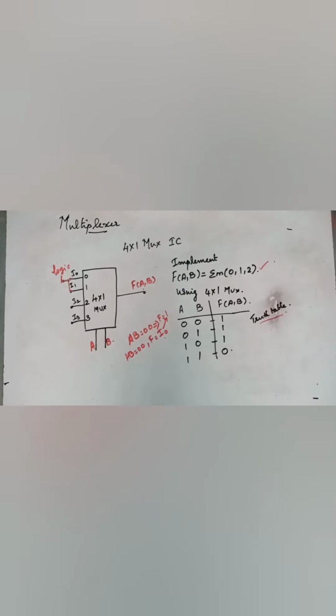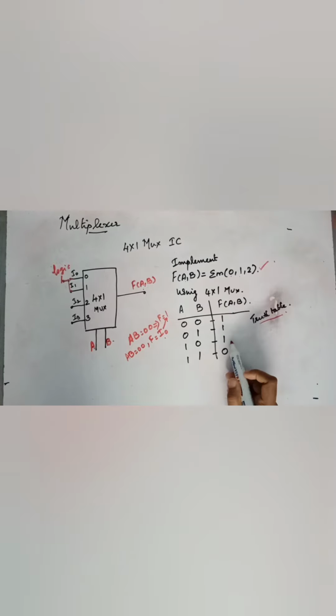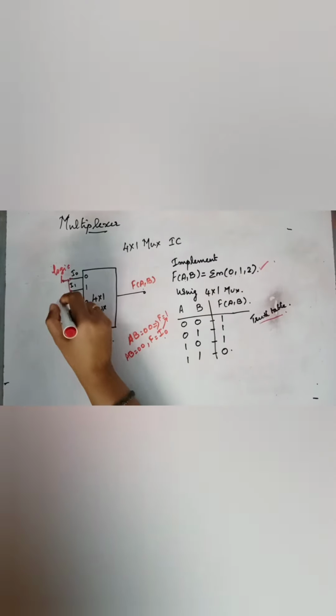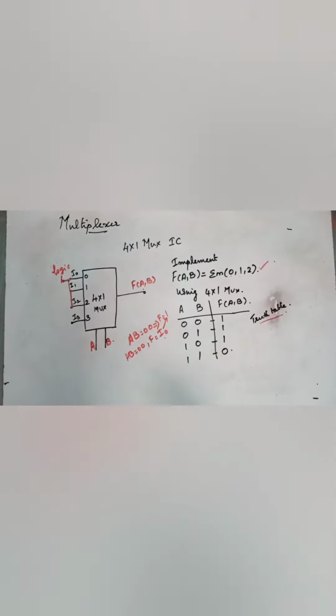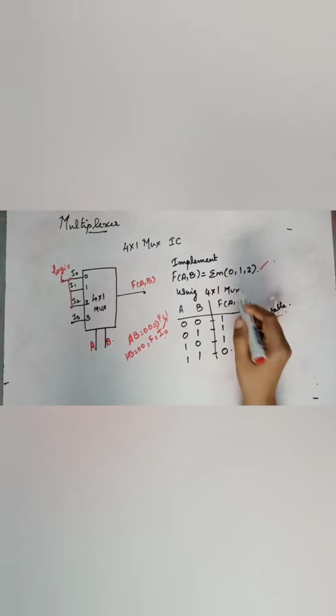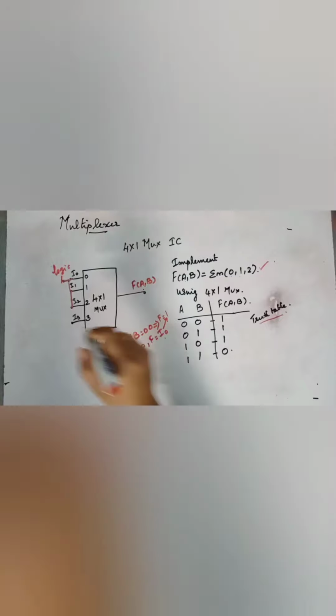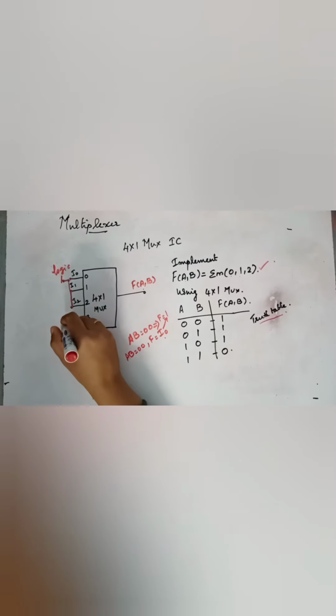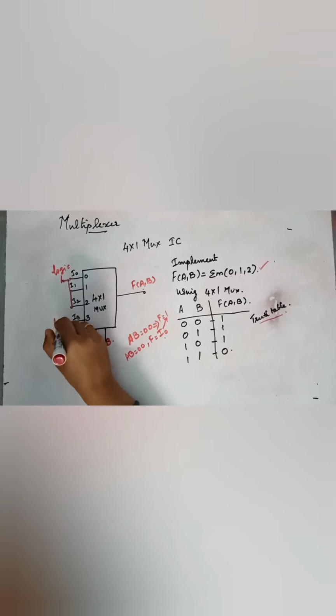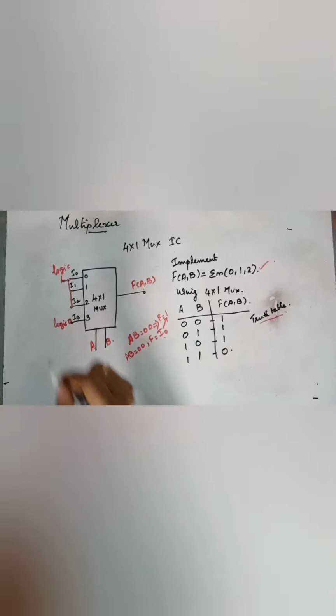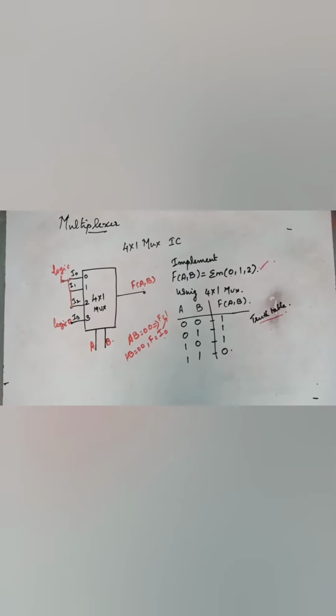Now when 1 0, again function of AB should be 1. So I2 should also be given a 1. Now what is I3? I3 is 0. That is when AB equal to 1 1, I3 will be selected, which should be 0, so that F of AB is 0.